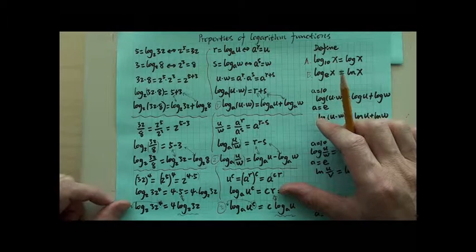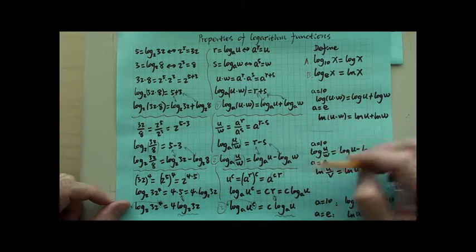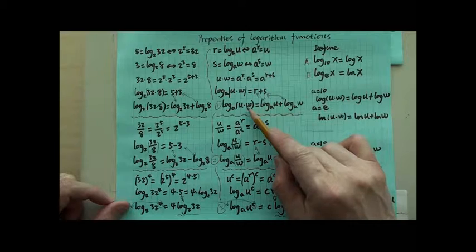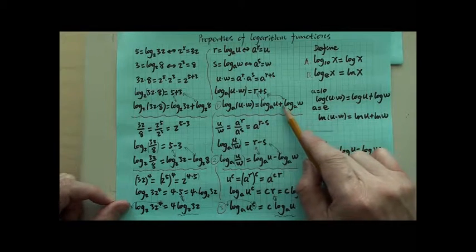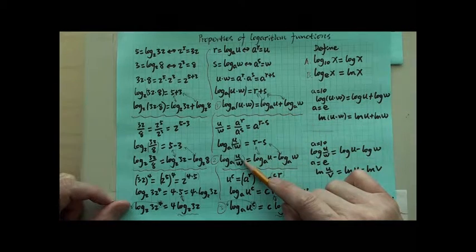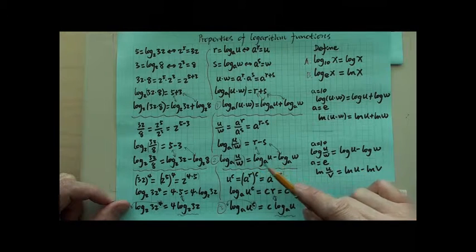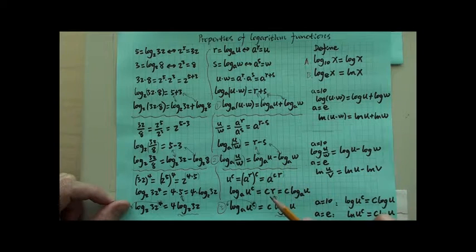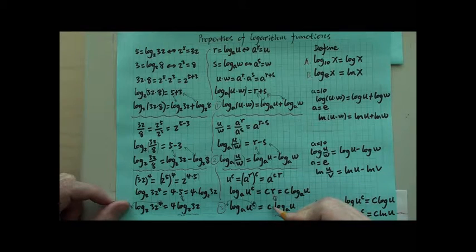Okay? Those 3 properties are very popular. Times, multiplication, divided by, division, subtraction. And here was the exponent. Move it to the front, make it to be a multiplication.